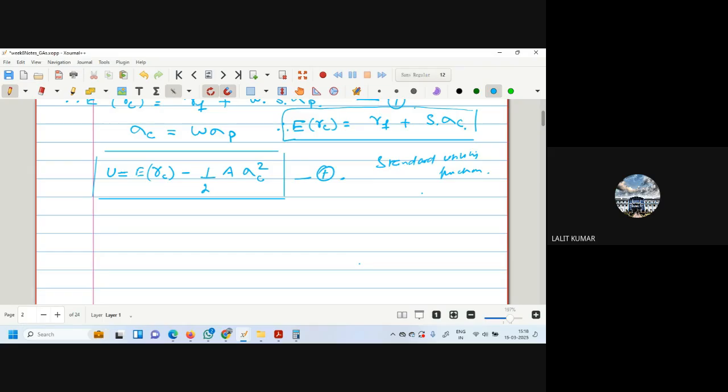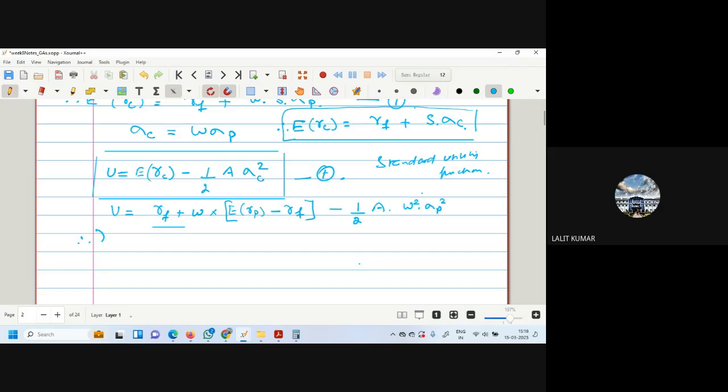So I can write ERC, which is nothing but RF plus W into E of RP minus RF, minus half A into W square into sigma P square.